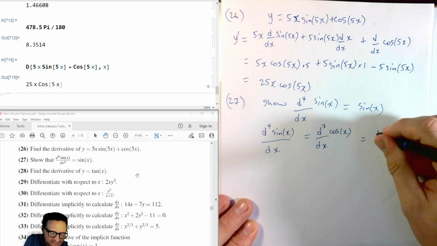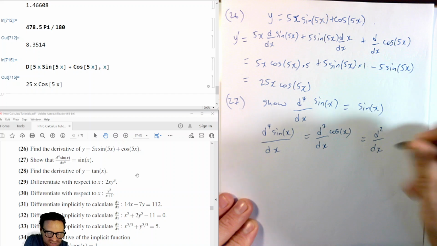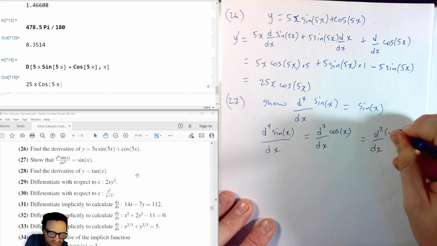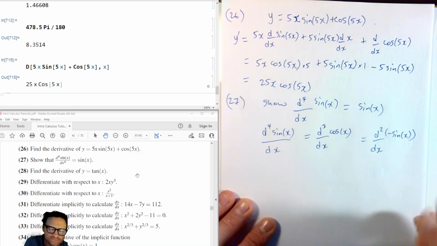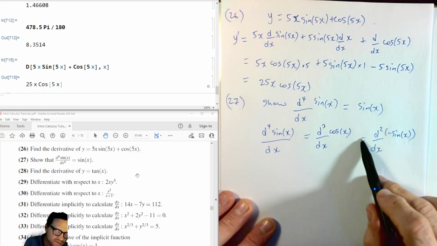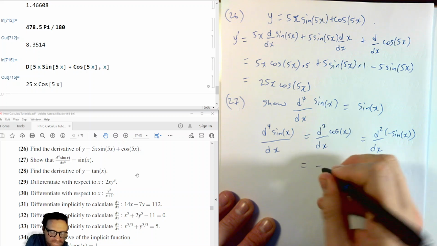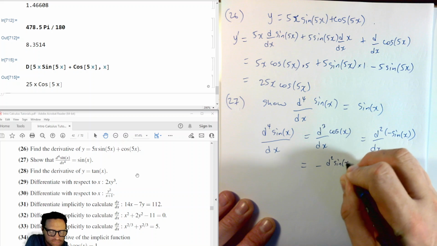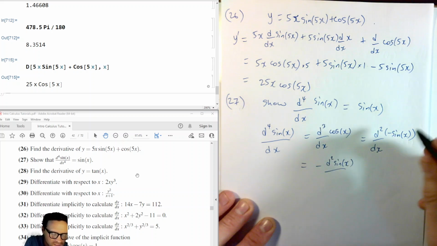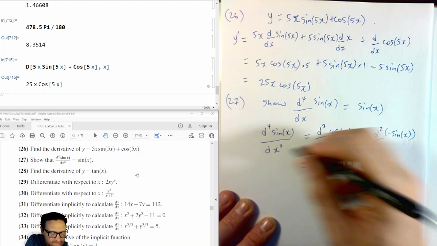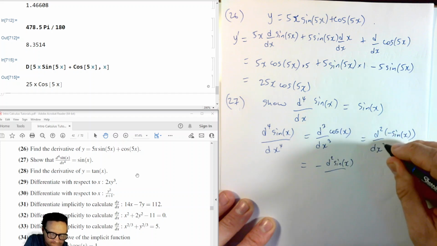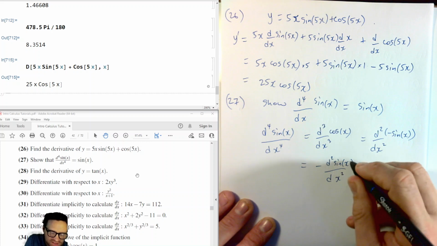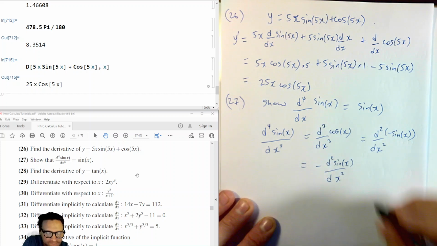Okay, and so that is the second derivative with respect to x of the derivative of cos of x, which is minus sine of x. So we can pull out that minus sign. And so this is now the second derivative of sine of x times minus 1.